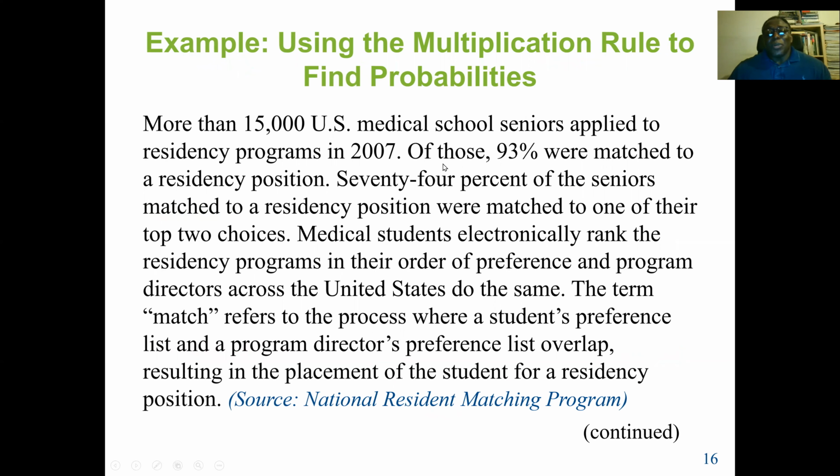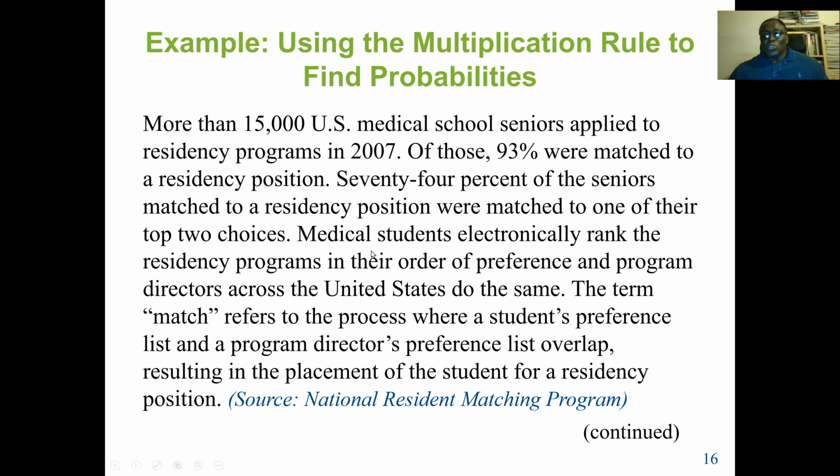So let's see another example here, using the multiplication rule to find probabilities. Here they say more than 15,000 US medical school seniors applied to residence programs in 2007. Of those, 93% were matched to a residence position. 74% of the seniors matched to the residency position were matched again to one of their top 2 choices.